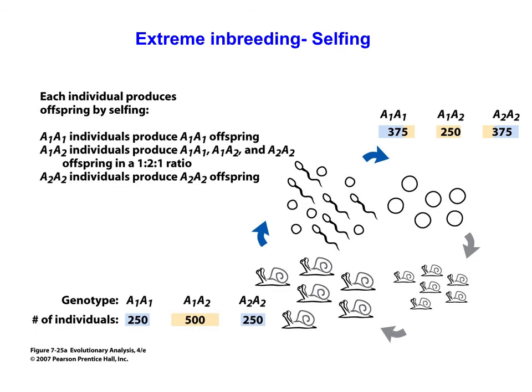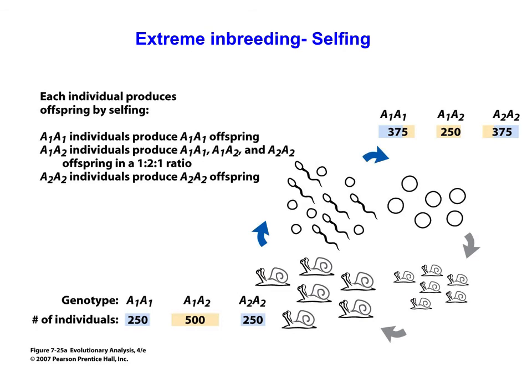Let's say we have a population of snails. They come in three different genotypes: A1A1, A1A2, and A2A2. All A1A1 individuals are going to mate with A1A1 individuals because they're selfing. All A1A2 individuals are mating with A1A2, and homozygous A2A2 individuals, the same thing.